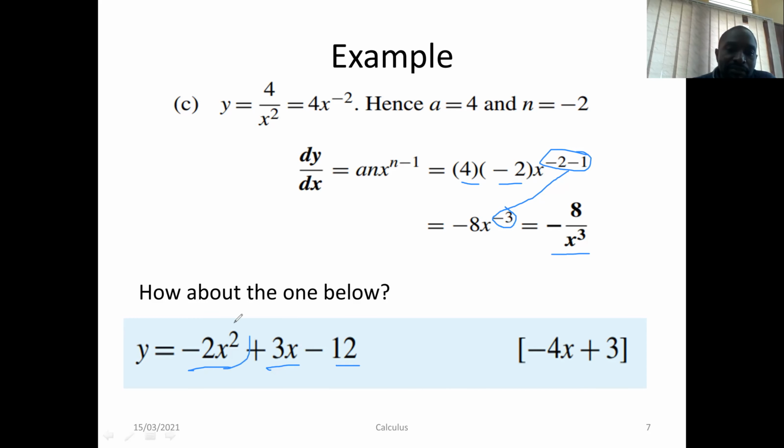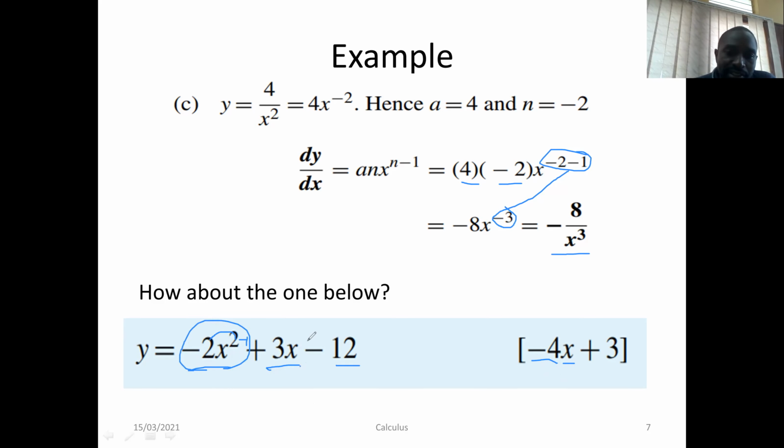So beginning with the first term here, you're going to multiply 2 by minus 2, giving us minus 4 in this case. And then 2 minus 1, in this case we are going to get x to the power 1, or simply x, which is what we have here in the first term.